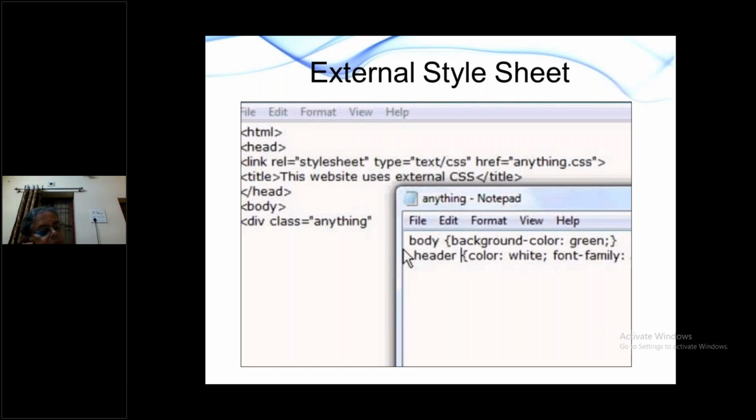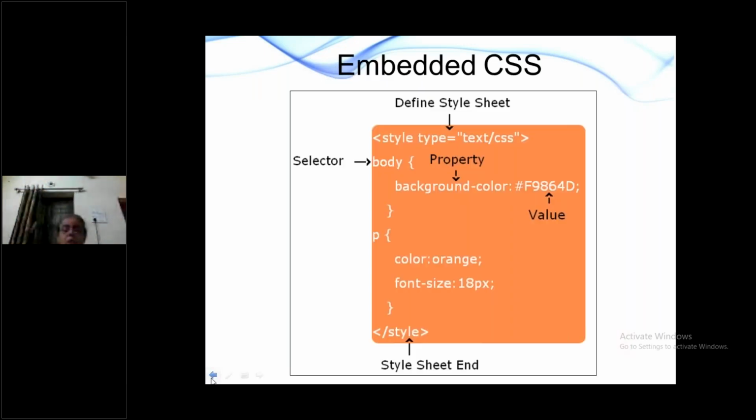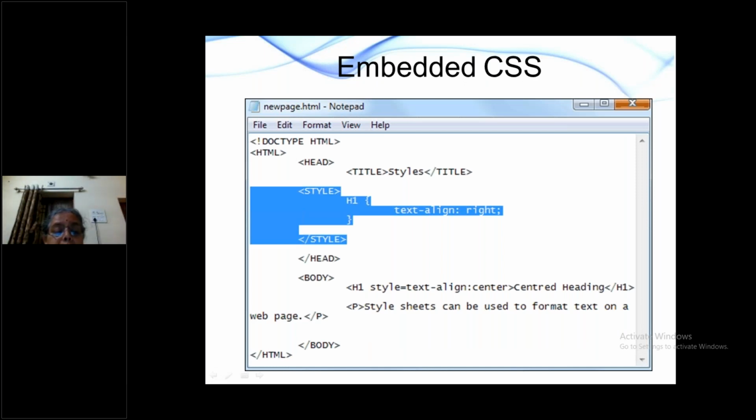You can use this external style sheet for a lot of HTML files. Yes. When I define an embedded style, where will I define it? In the style tag under the head section. So that style sheet rule will be applied only for that particular HTML page.